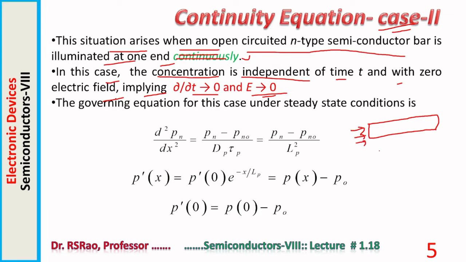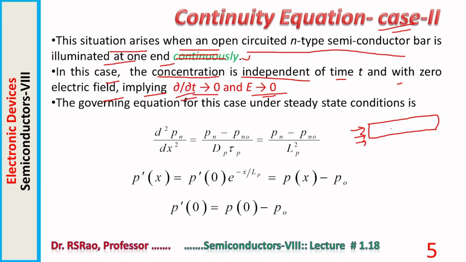Now, when illumination is continuous for quite a long period of time, steady state comes into being and no change with time happens. So ∂/∂t is 0.